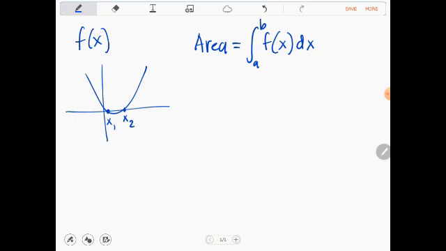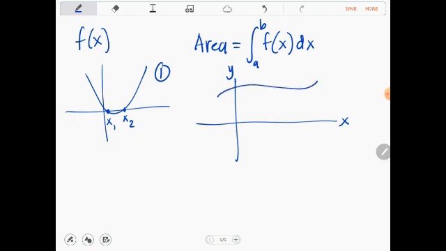And if we graph it, it looks like this. Say for instance this is our function, and this shaded portion is the area we are looking for using this formula, and the boundaries a and b are this point a and then b.